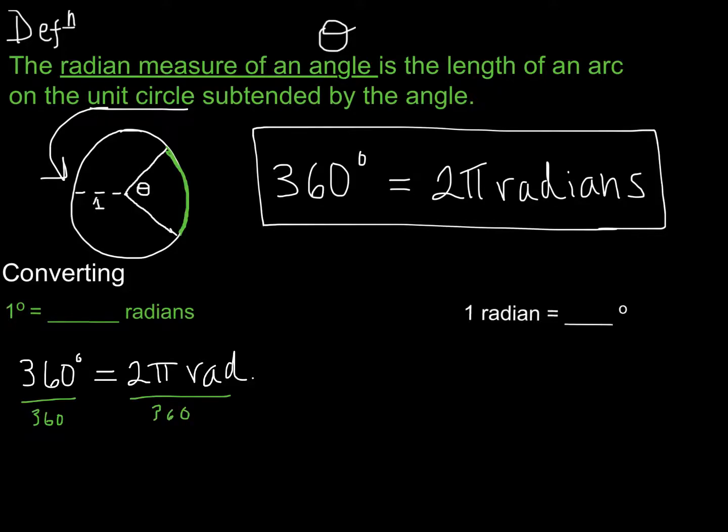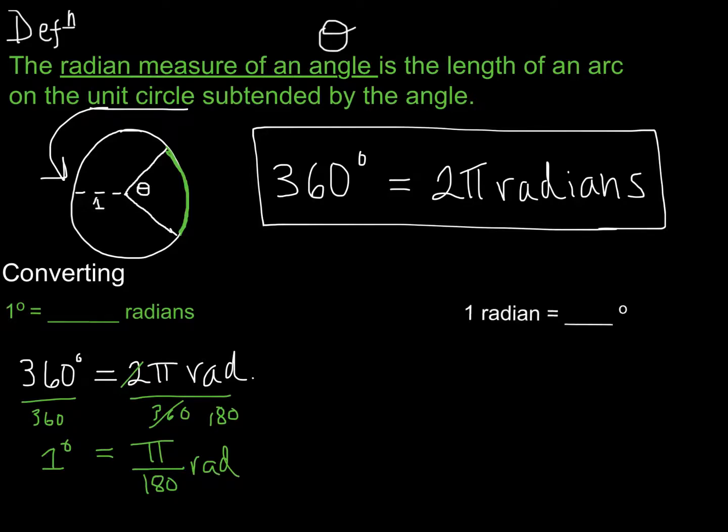And I will end up with 1 degree being equivalent to, these cancel, so 2 over 360 is just 1 over 180. And I'm left with pi over 180 radians. We want to keep it in terms of pi because pi is an irrational number, so we want to be as precise as possible, so we leave it in terms of pi.